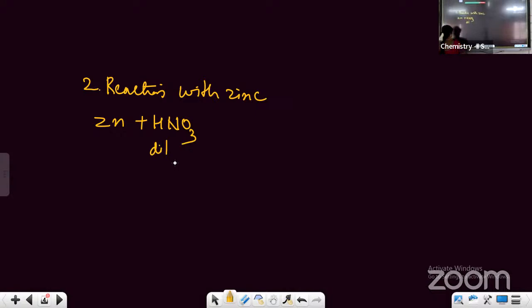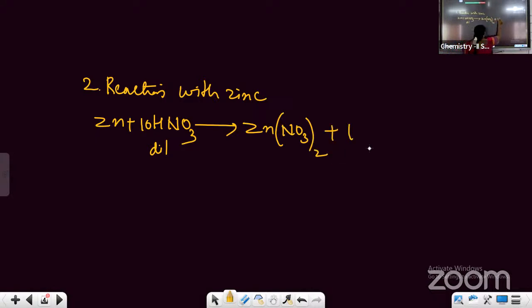So here 10 moles of HNO3 will give zinc nitrate, Zn(NO3)2, plus N2O only.